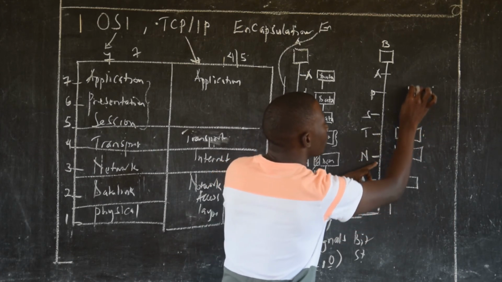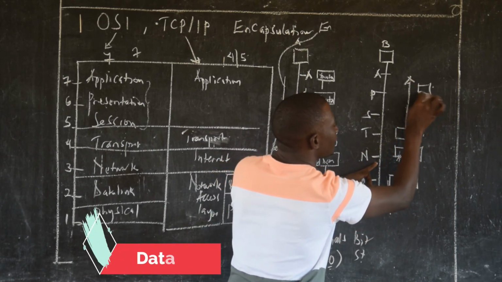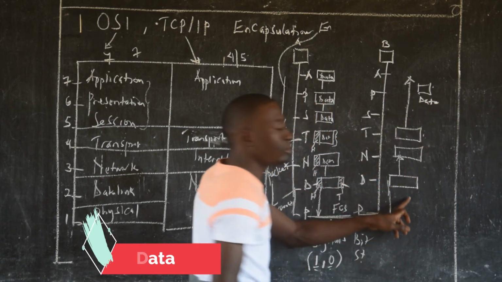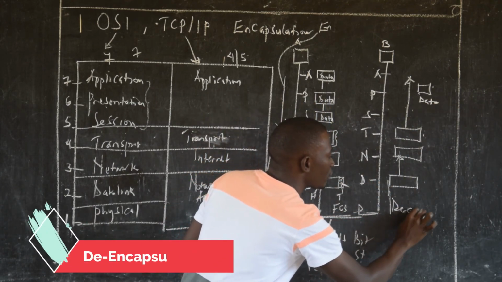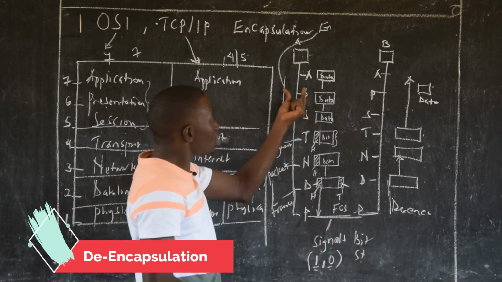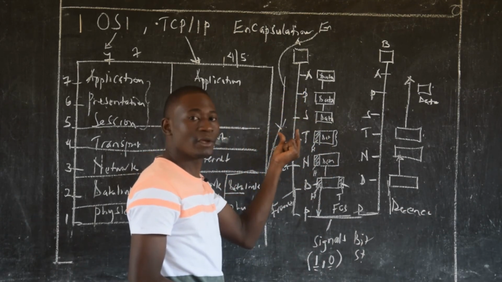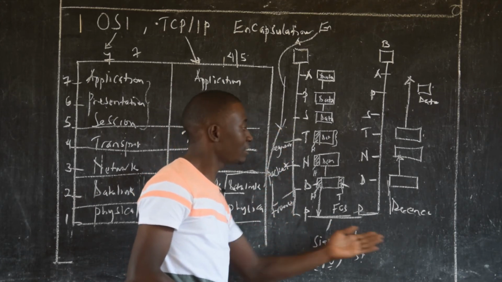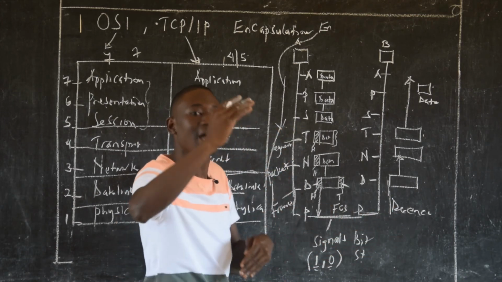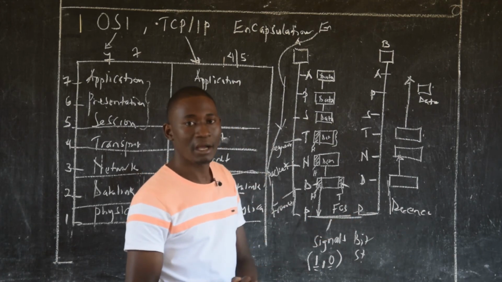Then here it moves again as data. So the whole process this side is the one we call the de-encapsulation. So this process of adding that information to the data item is what we call the encapsulation, and this process of removing the data items they added there is what we call the de-encapsulation.